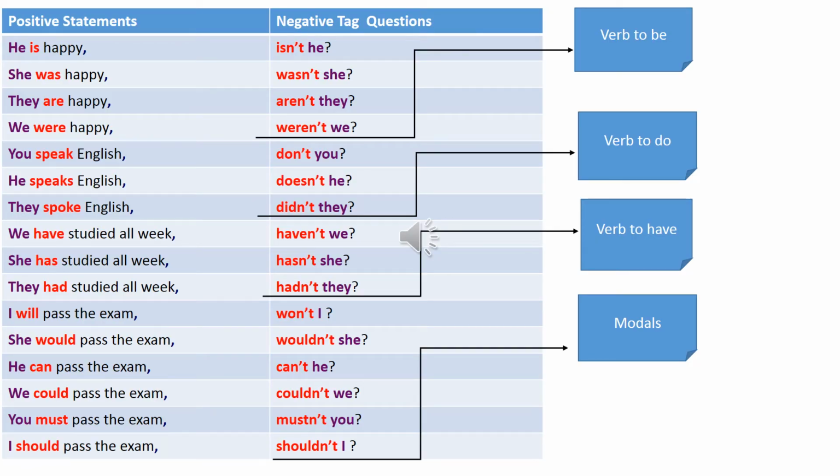In this slide, as you see, we have a table, and in the first part of the table we have positive statements, and in the second part of the table we have negative tag questions. And we said that positive statements means statements that don't have negation.